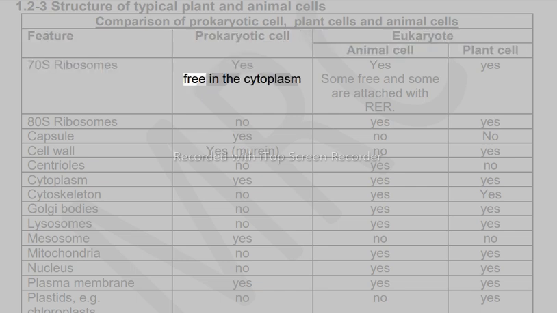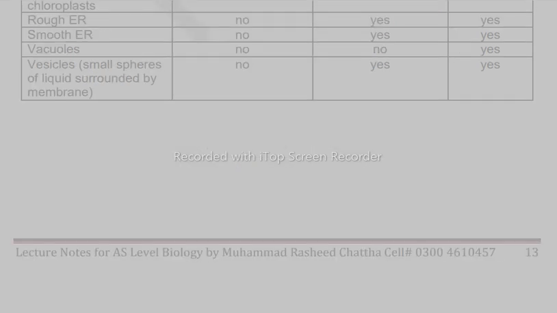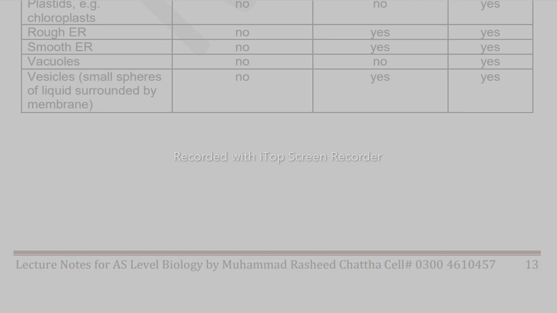Ribosomes: 70S in prokaryotes, 80S in eukaryotes; free in the cytoplasm, and in eukaryotes some free and some attached to rough ER. Capsule, cell wall, centrioles, cytoplasm, cytoskeleton, Golgi bodies, lysosomes, mesosome, mitochondria, nucleus, plasma membrane, plastids e.g. chloroplasts, rough ER, smooth ER, vacuoles, and vesicles, small spheres of liquid surrounded by membrane, are compared across the three cell types.